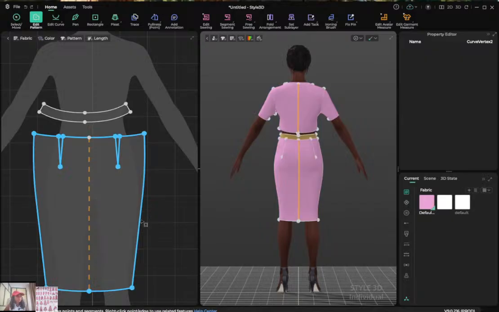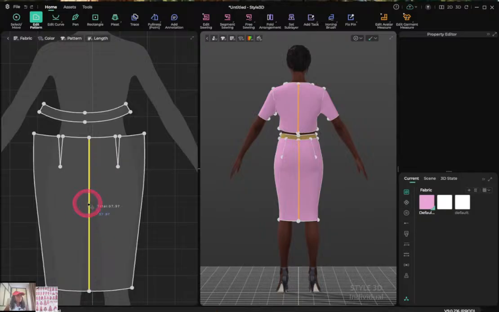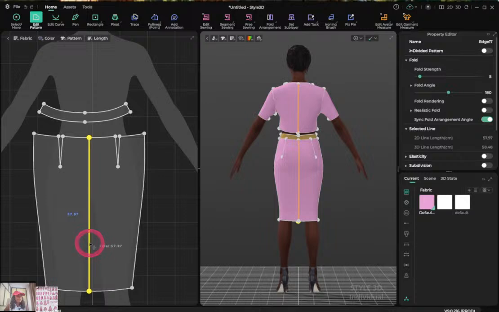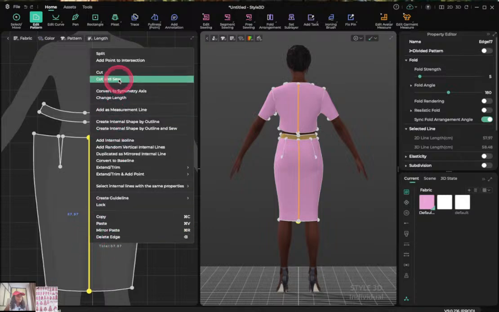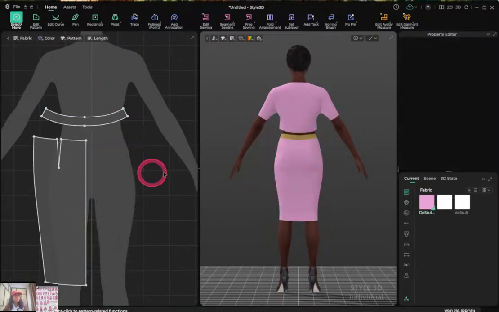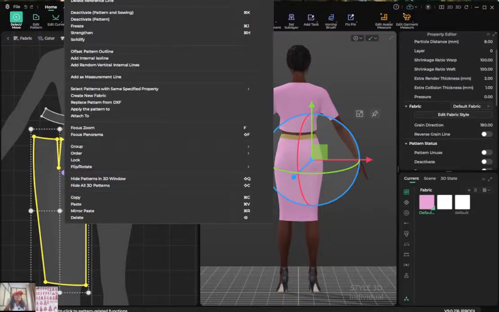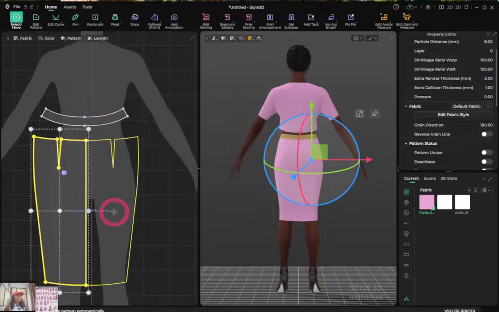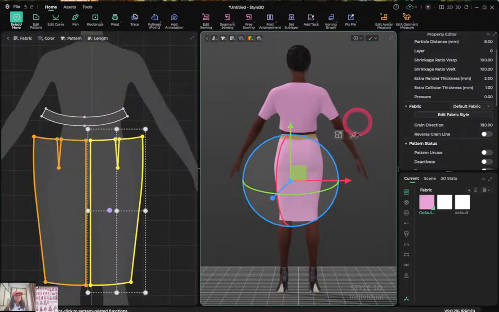No, actually I have to first remove this, cancel axis. And then what I usually do is I get a line all the way, and then I cut, and after cutting I delete one, right, and then I right click and say symmetric pattern, and it comes with the sewing, right?